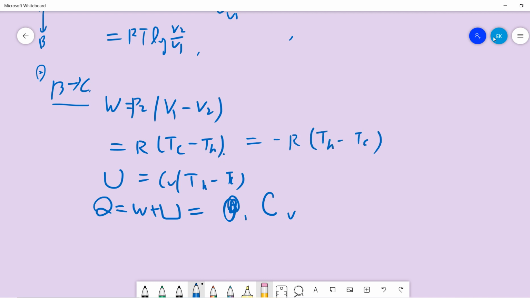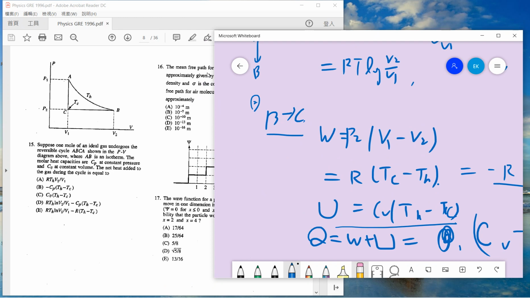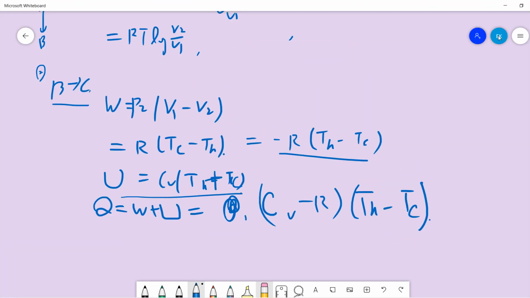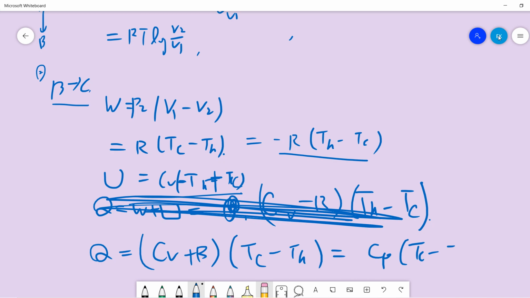Oh sorry, so this is plus. So Q has (C_V plus R)(Tc minus Th), which is just C_p (Tc minus Th). And this is isobaric.